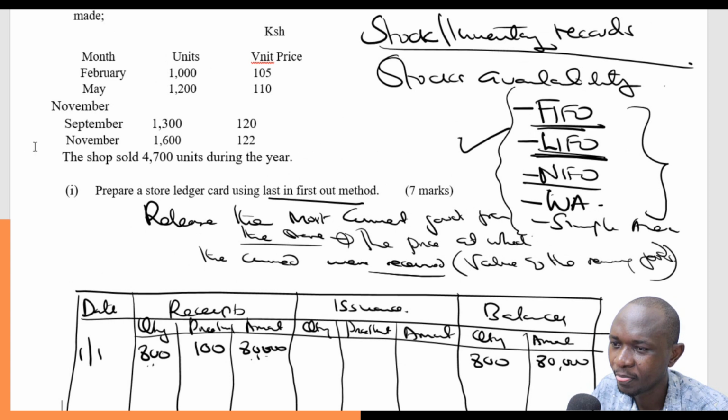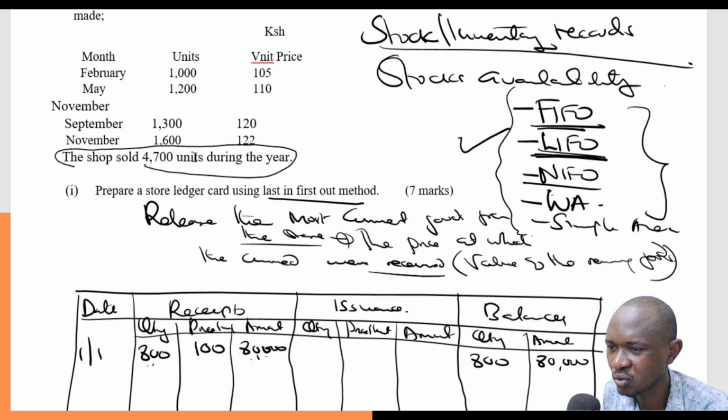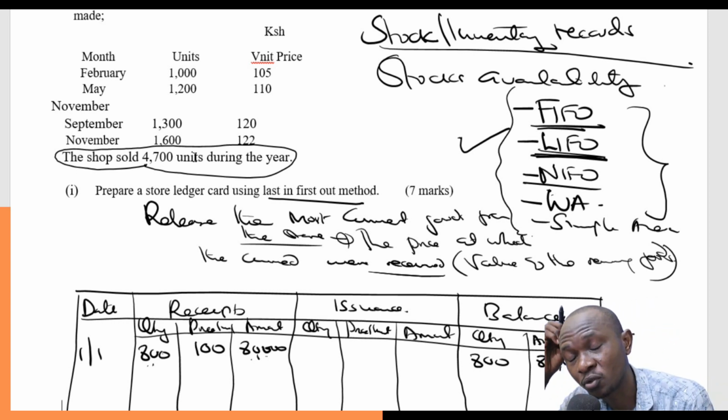Then we need to be very keen on when the goods were sold, or issued. Now the shop sold 4,700 units. This question has not given us the period within which these goods were sold. Normally we expect them to show us a store receiving goods and also issuing.